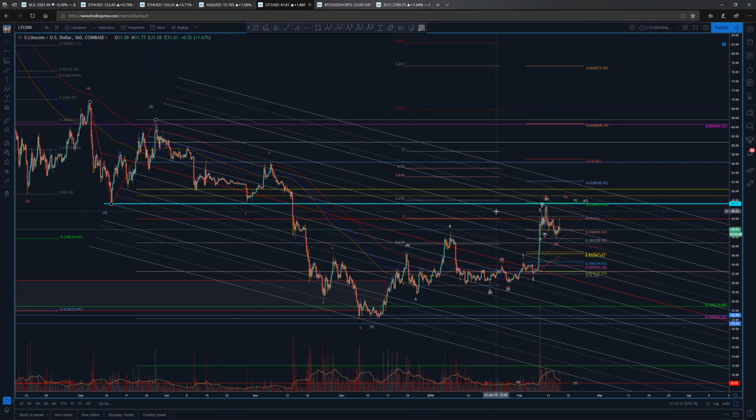So I like this pitchfork a lot. You can see our bottom is to the T of this outer boundary, so we're going to stick with this move, and where we're at now, almost to the T of this upper boundary before we rolled over. I mean, we tick all these boxes perfectly.